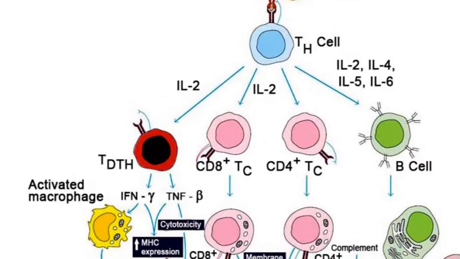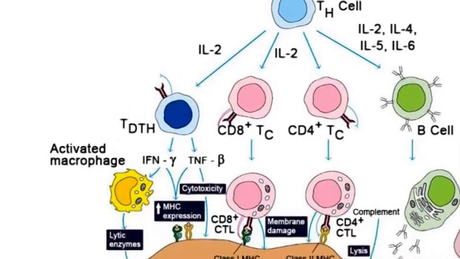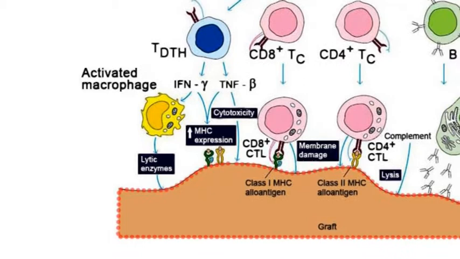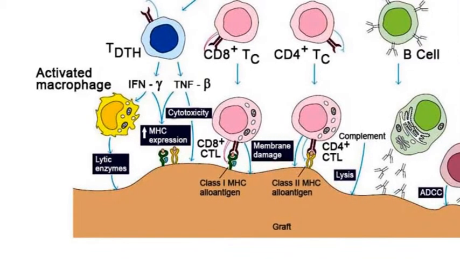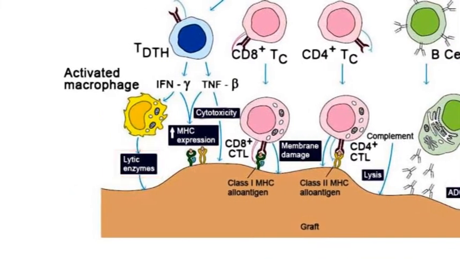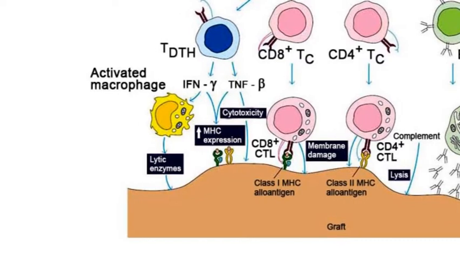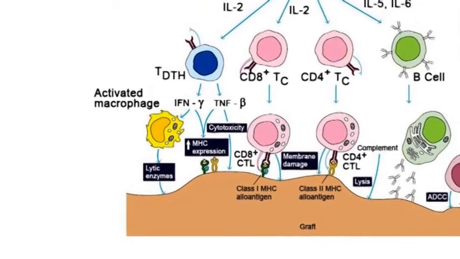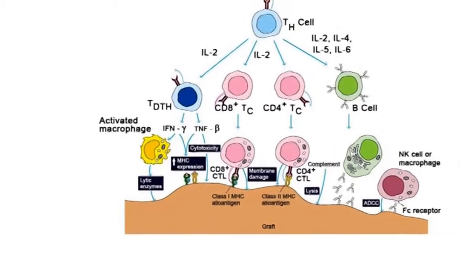DTH is marked by activation of T helper cells and infiltration of macrophages in the graft region. Macrophages release lytic enzymes and oxygen and nitrogen free radicals, which cause destruction of the grafted cells.